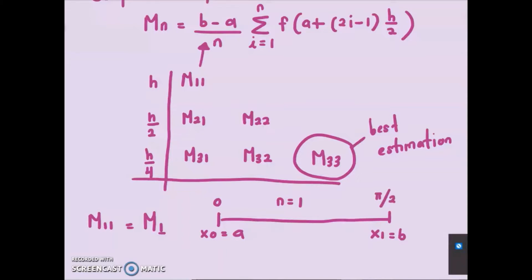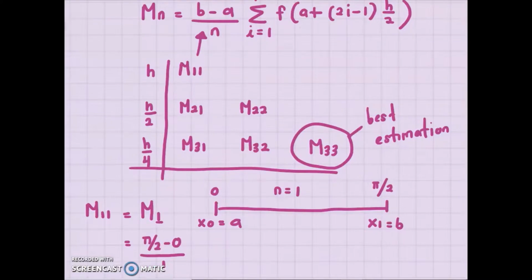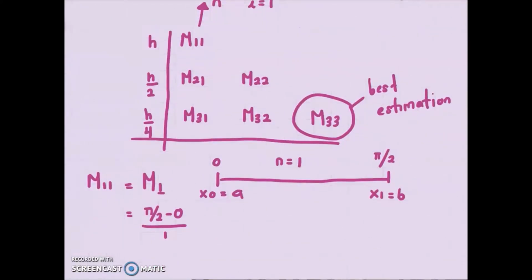The formula for n equals 1 is b minus a, so M1 is (pi over 2 minus 0) over 1, and then the summation for i equals 1 to 1 of f of a plus (2 times i, which is 1, minus 1) times h over 2.